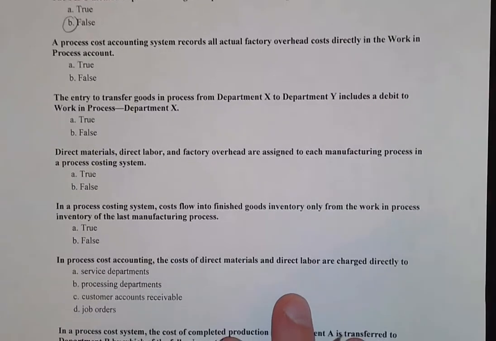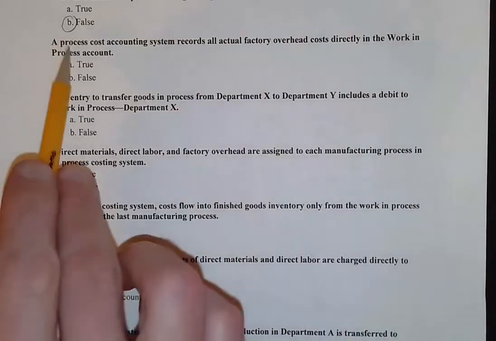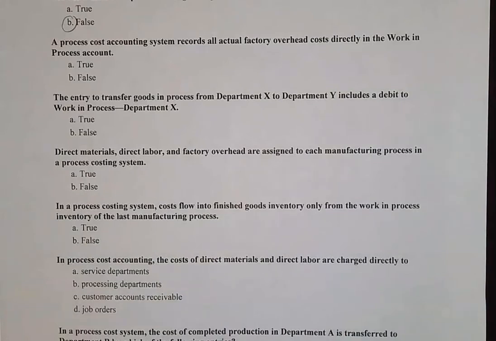All right? Okay. So right here, a process cost accounting system records all actual factory overhead costs directly in the work in process account.